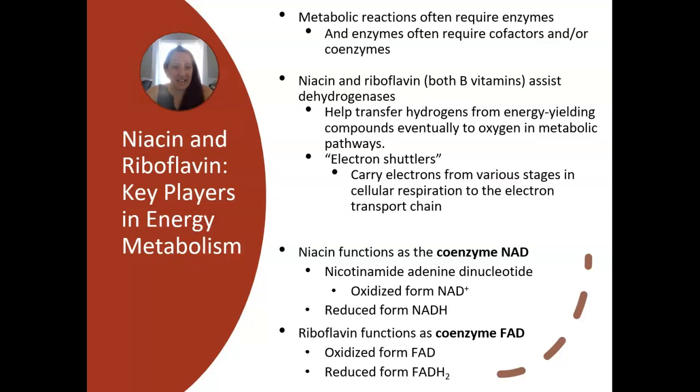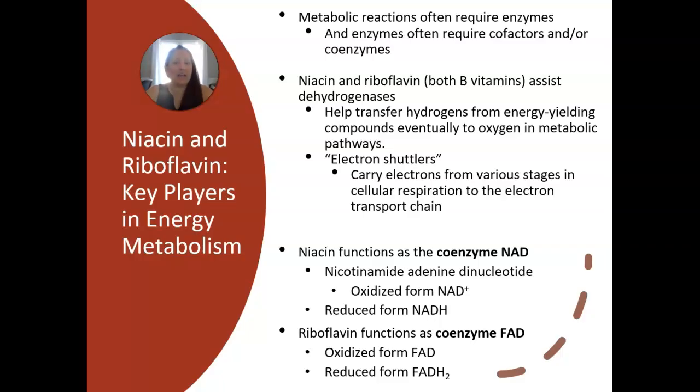They assist dehydrogenases, the enzymes that catalyze or control oxidation reduction reactions. Their job is to help transfer electrons, hydrogens, from these energy-yielding compounds, so carbohydrates, fats, proteins, and alcohol, eventually to oxygen in these metabolic pathways.